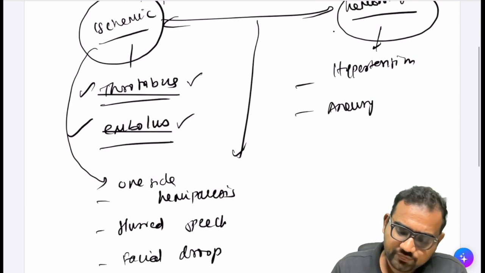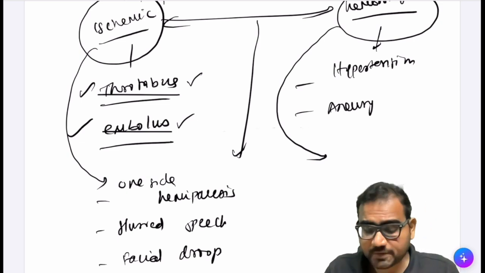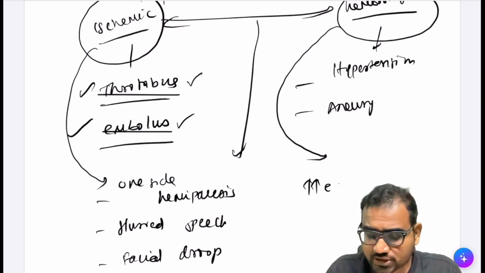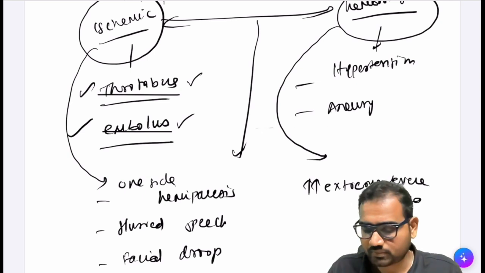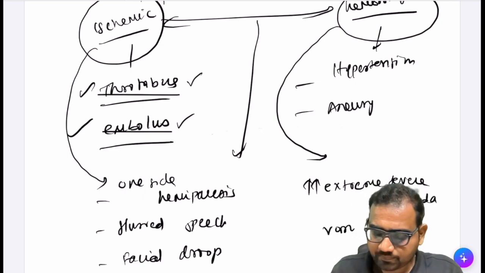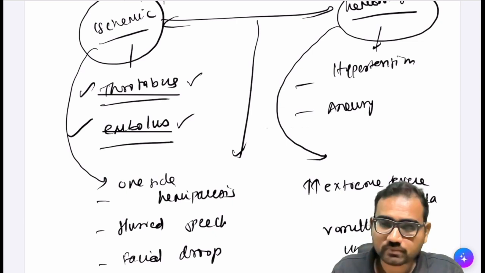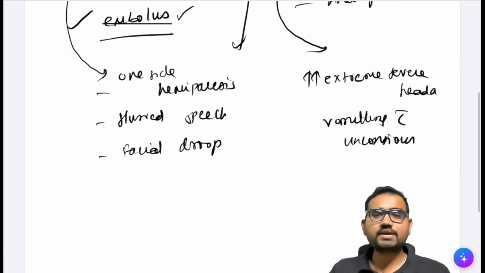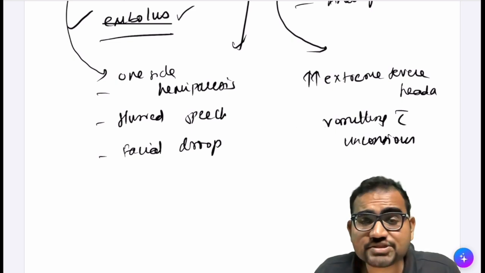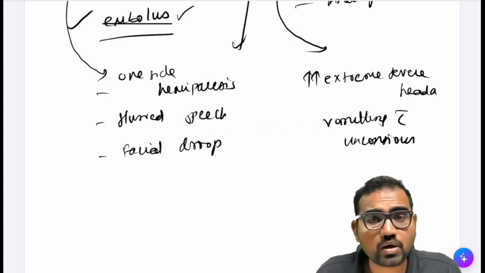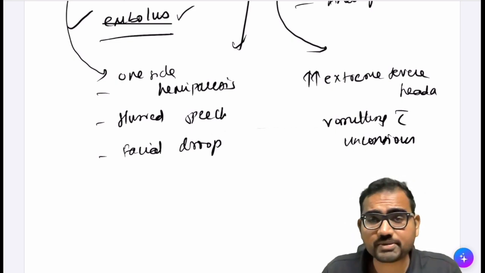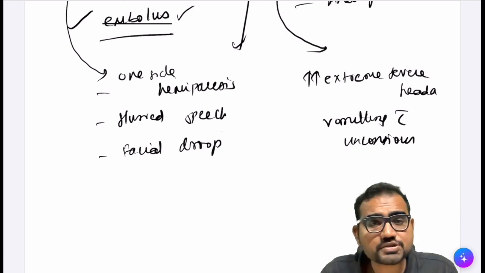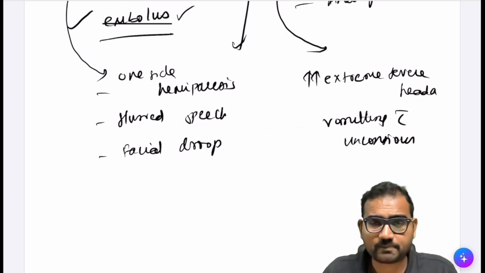On the other hand, hemorrhagic stroke patients will have extremely severe headache and vomiting with unconsciousness. So hemorrhagic patients have severe headache, vomiting, unconsciousness, whereas ischemic stroke patients have hemiparesis, slurred speech, and facial drooping.